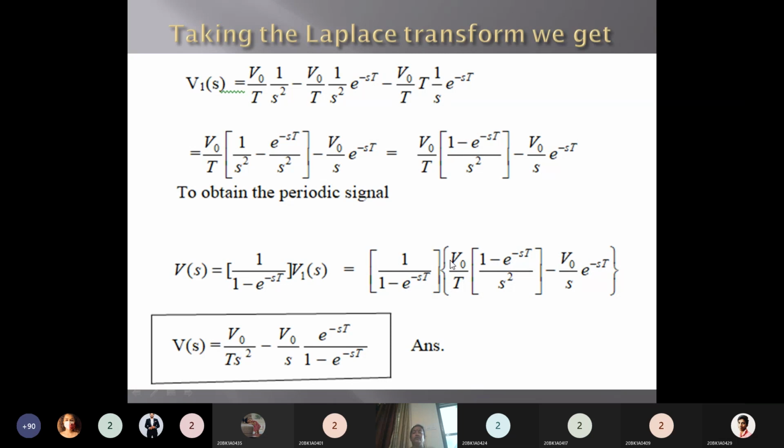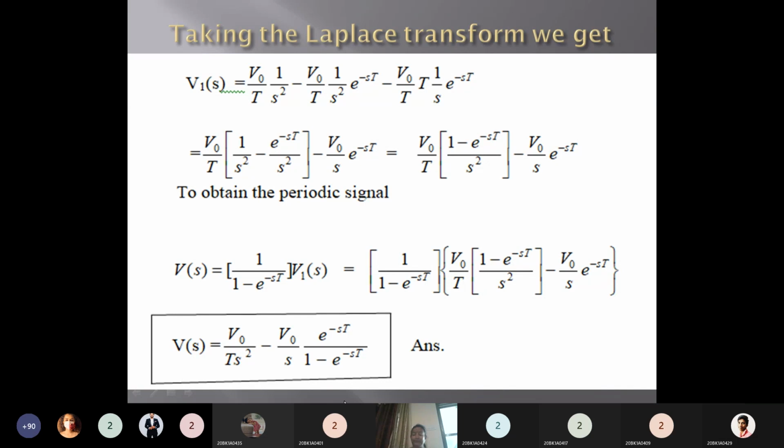The leftover terms are V naught by T S square as the first term, and then e power minus ST in the numerator and 1 minus e power minus ST in the denominator, V naught by S e power minus ST by 1 minus e power minus ST. This is actually the response of the given periodic function in the Laplace transformation.